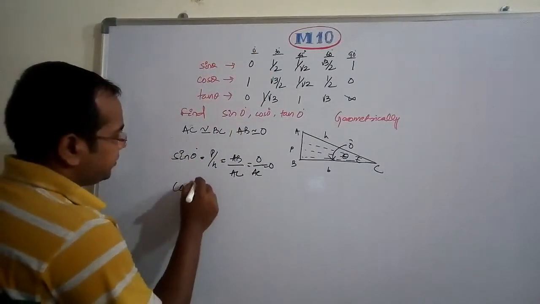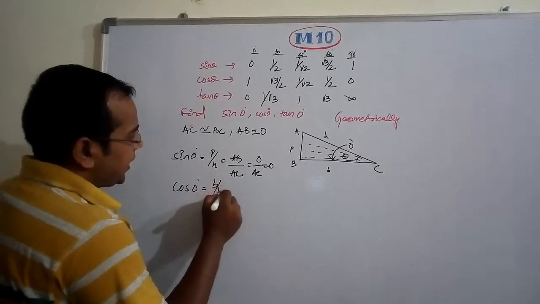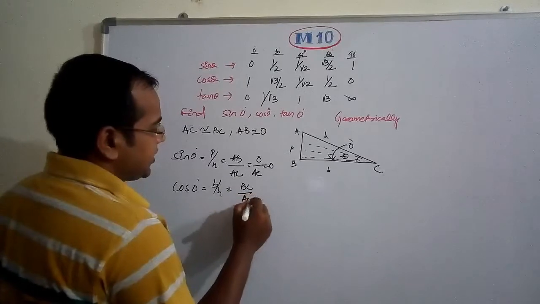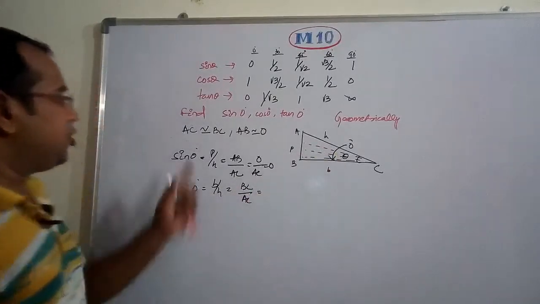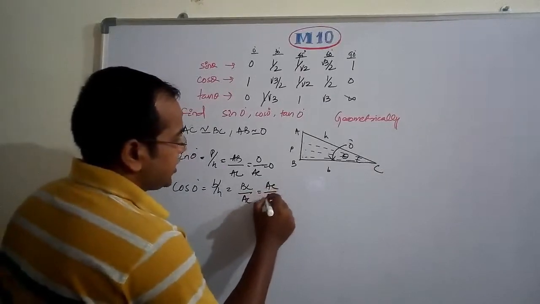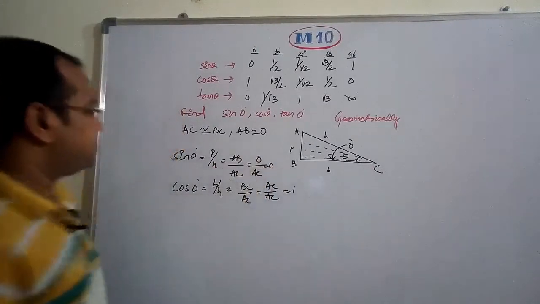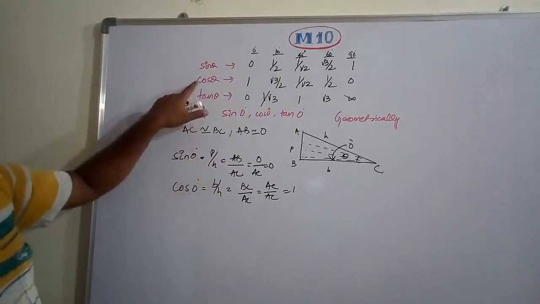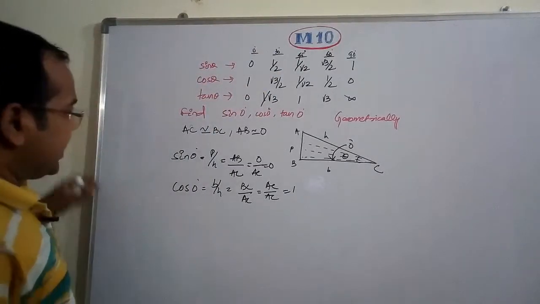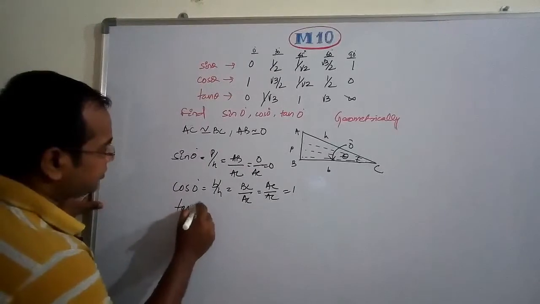Cos 0 degrees, B by H. Base here is BC divided by AC. For angle 0, AC will almost be equal to BC. You can write here AC divided by AC, that is equal to 1. So cos 0 is 1. Proved.